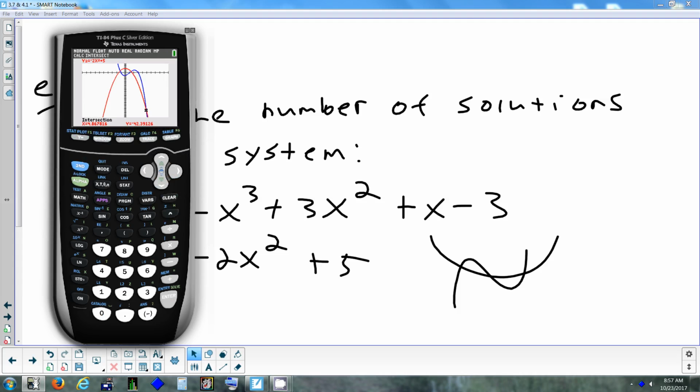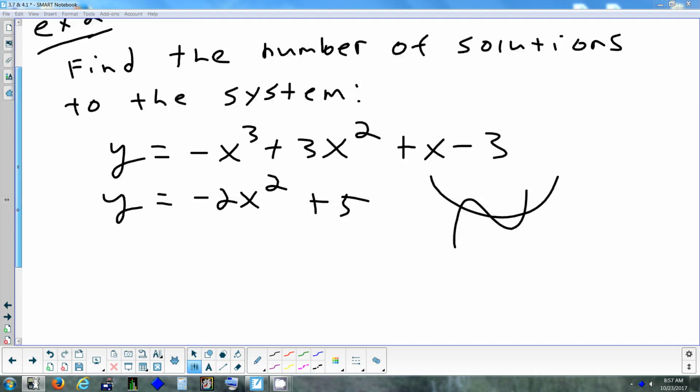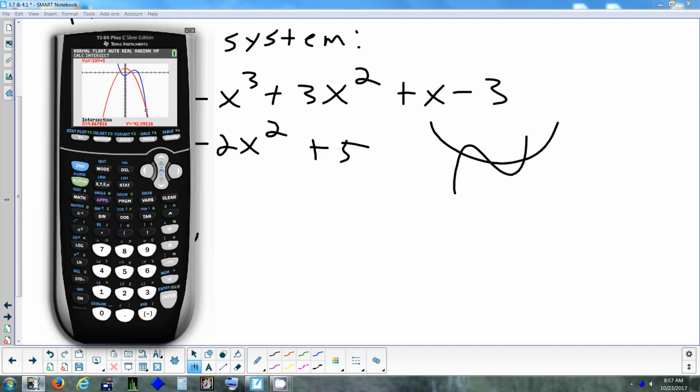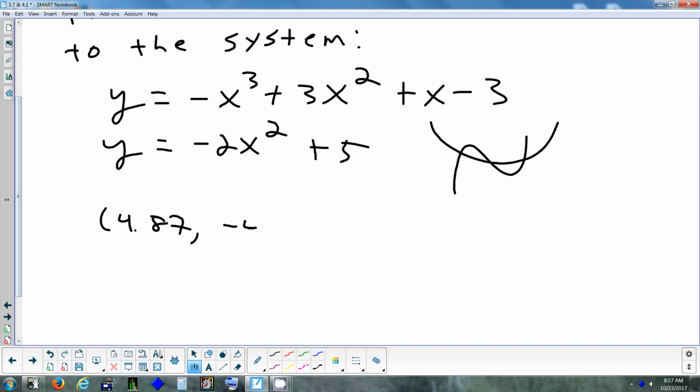Okay, so that one is about 4.87, negative 42.39. Alright, so there's a 4.87, negative 42.39. Okay, so that's one answer.